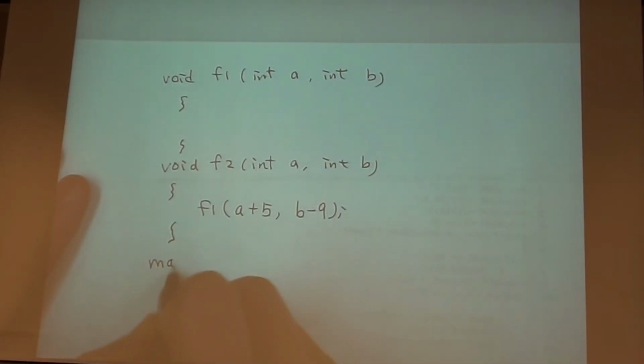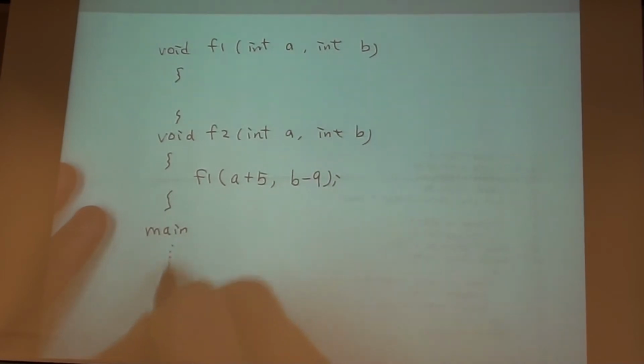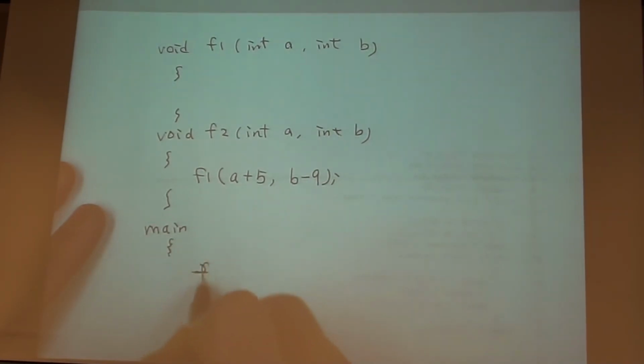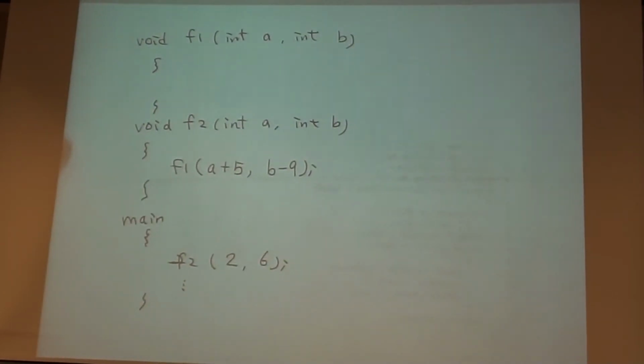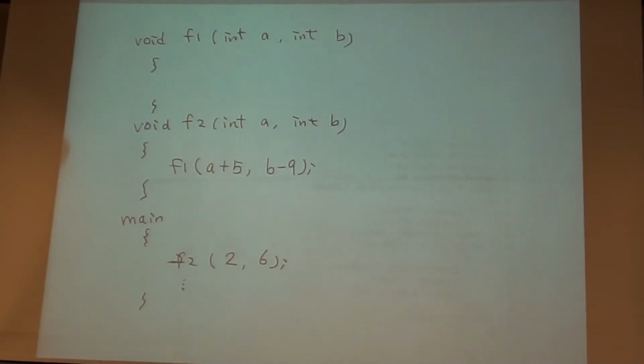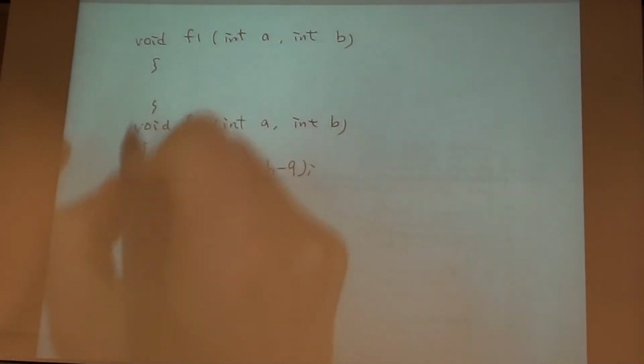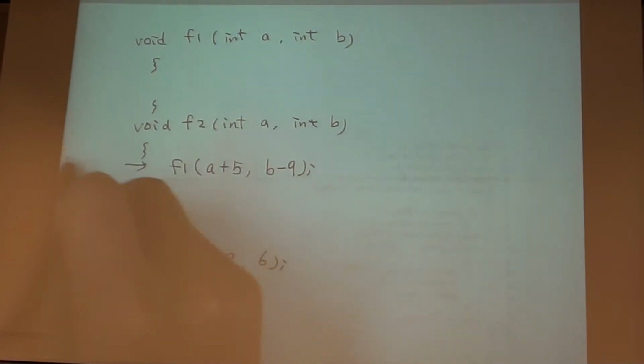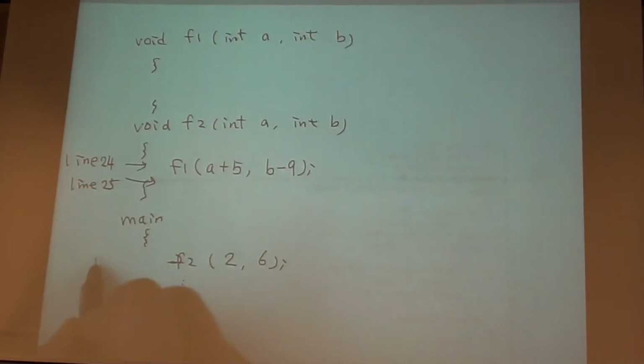And in my main function, I will call f2 with 2 and 6. Let's say this one corresponds to line 24, so this one will correspond to line 25. And this corresponds to line 91, so this one will correspond to line 92.